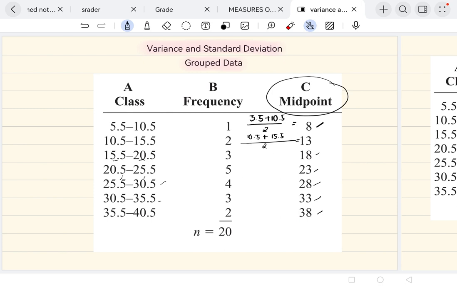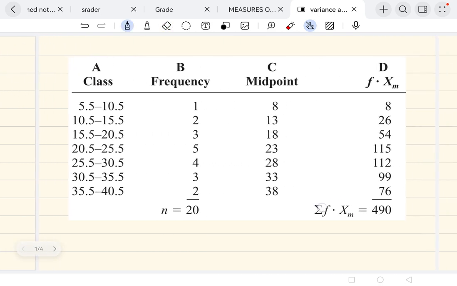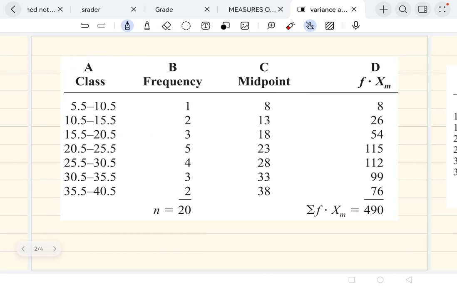So that is our first step, we find our midpoint. We just add our lower limit to our upper limit and then divide by 2. The next step is to find the frequency times the midpoint.